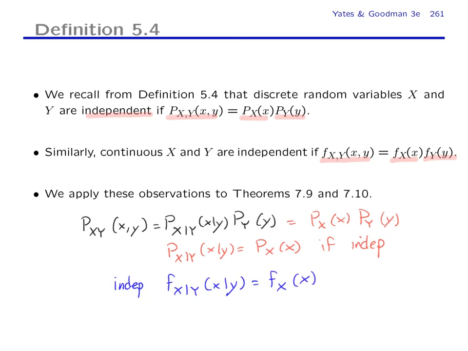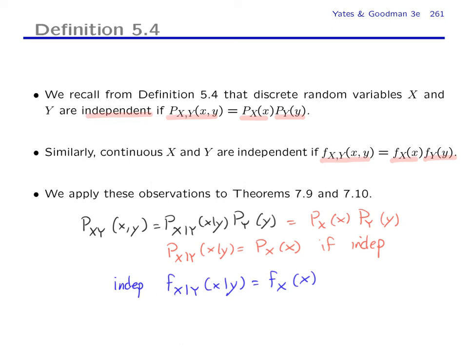And of course, there are equivalent statements for the conditional PMF of y given x and the conditional PDF of y given x. The key idea here is that when x and y are independent, learning what the value of y is doesn't change the PMF of x. The PMF of x stays the same for every observation y. It's always the marginal PMF.